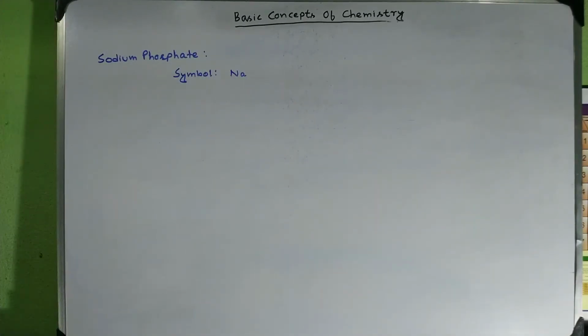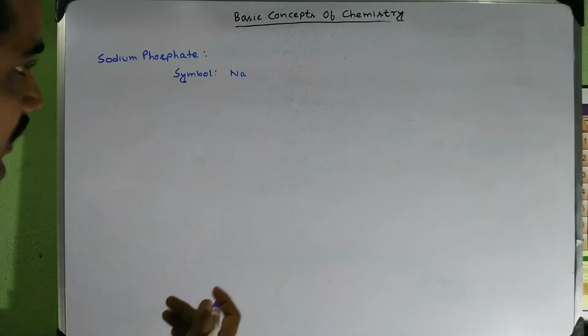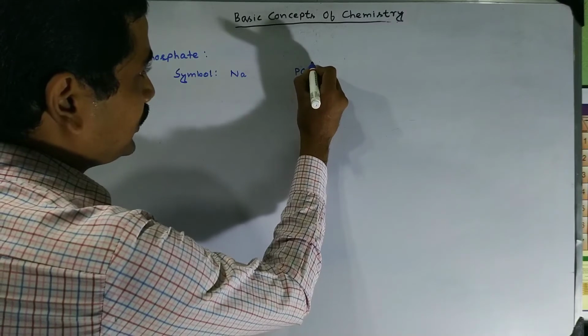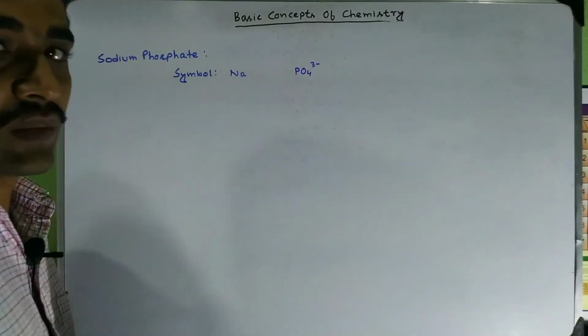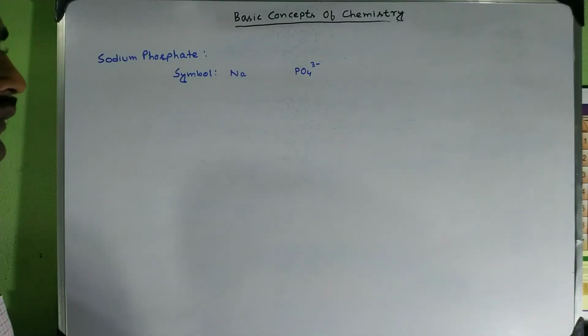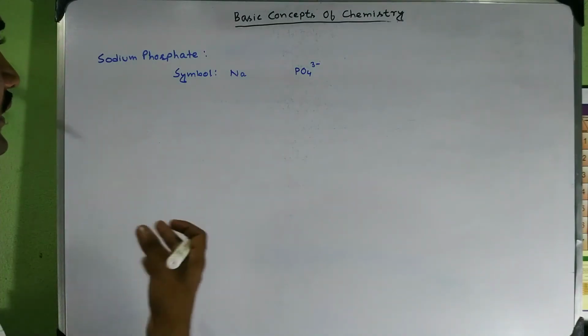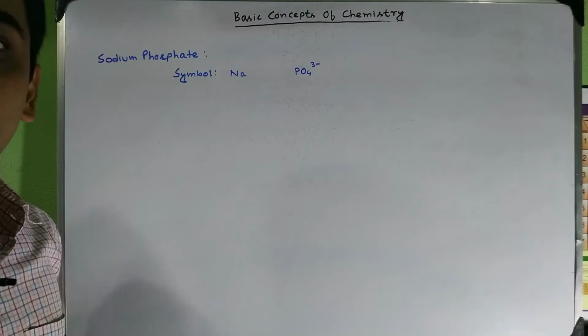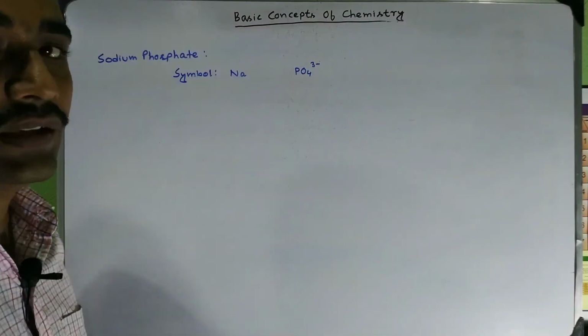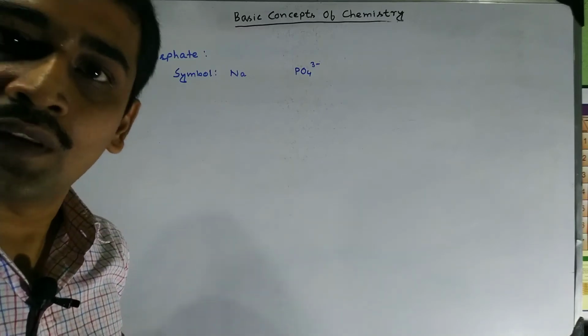And the symbol of the radical phosphate is PO4 3 minus. Isn't this clear? In the previous lesson when I discussed what a radical is, I said that the charge of the radical is its valency. Clear?